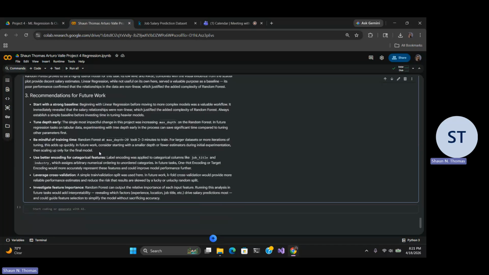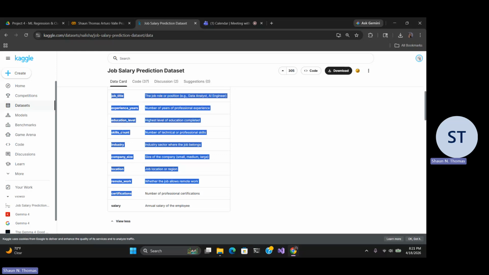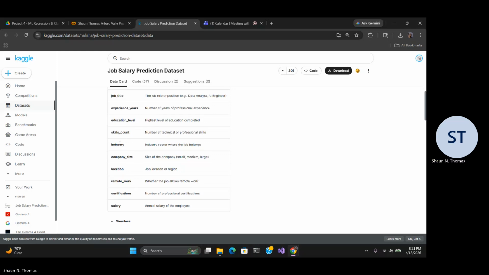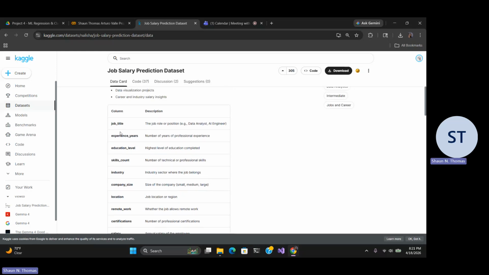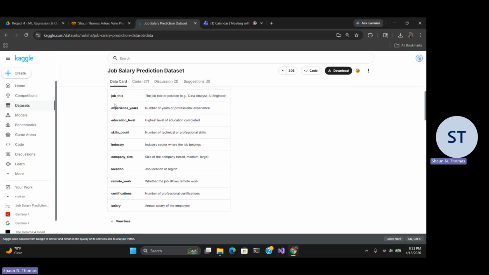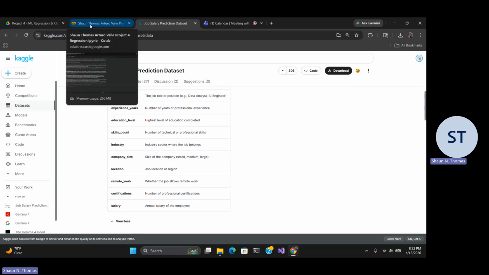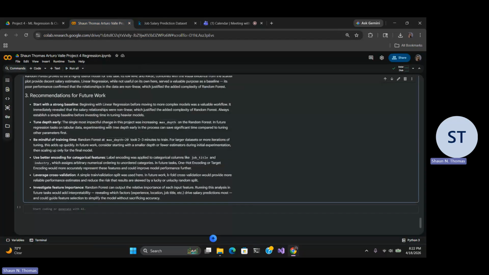For example, maybe a software engineer and AI engineer are making close to the same, or maybe there's some level of software engineer that's not quite caught in the value. Like perhaps there's two software engineers and one makes significantly more as they have a higher job title with less experience years. That might throw the model off. So I guess cleaning the data better could definitely help the linear regression model.